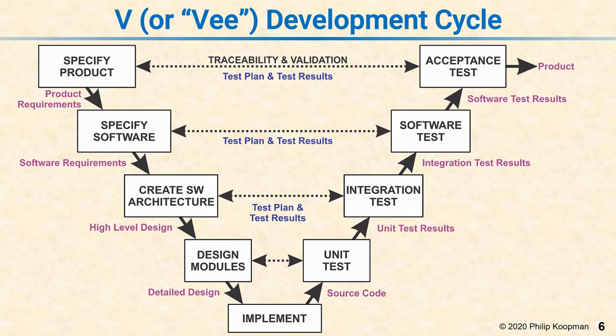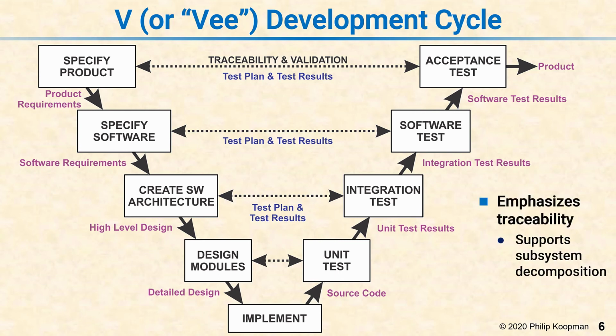Going down, the software test tests against the software requirements, the integration test tests against the high-level design, and unit test tests against the detailed design. Now that's a lot of different testing, but each one is focusing on something different. So for example, integration test assumes the unit tests passed, therefore it assumes the detailed designs are correct, and it's really just interested in do the things play well together, not internal logic flaws.